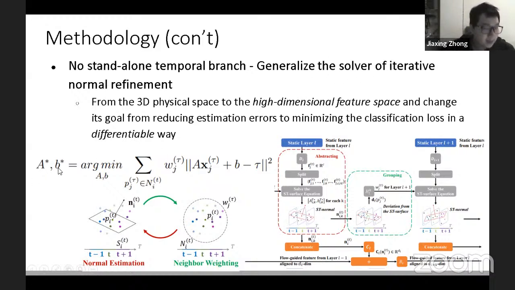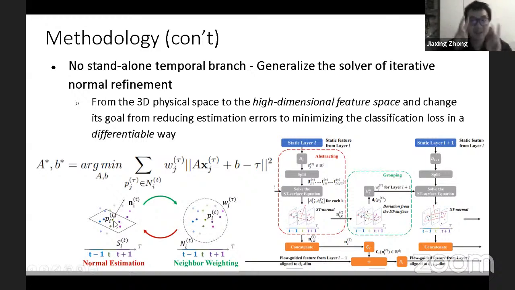Next, after selecting the neighbors, a convolution will try to aggregate the information from these neighbors. That is similar to the normal estimation process in this solver.